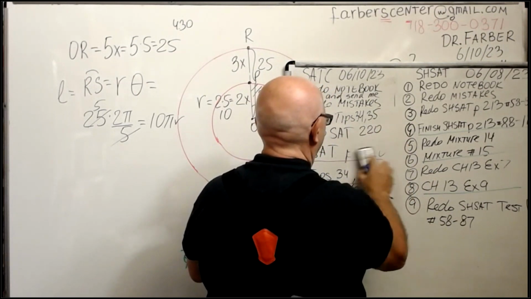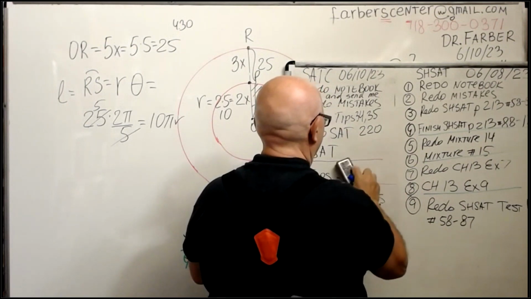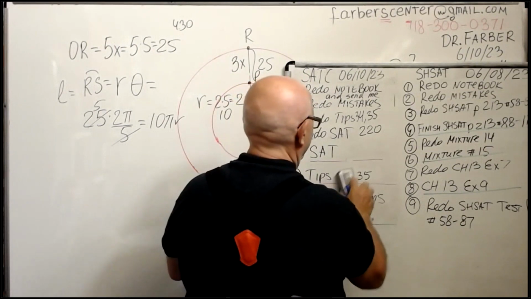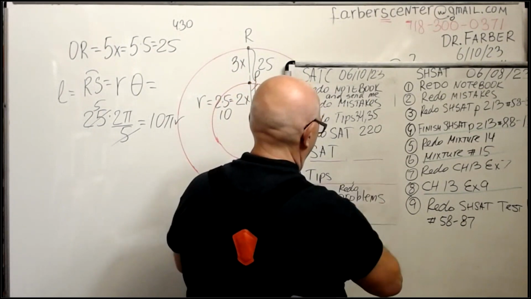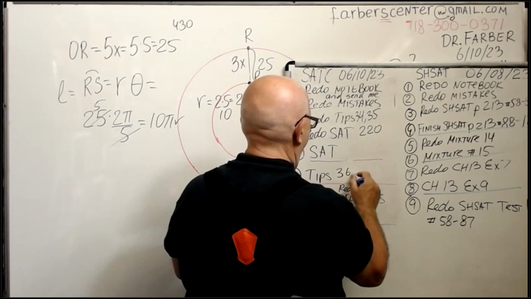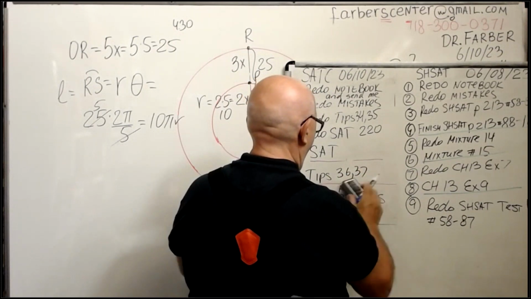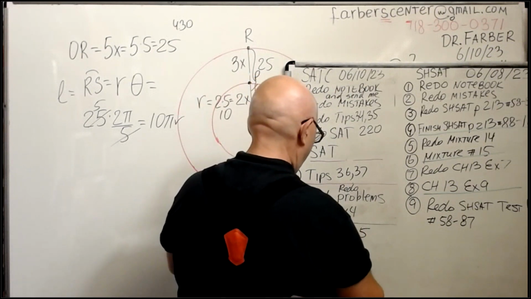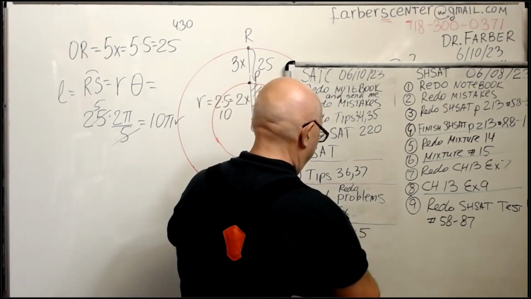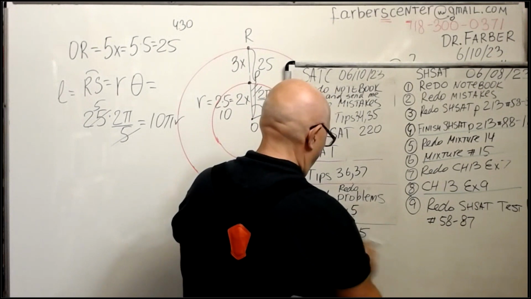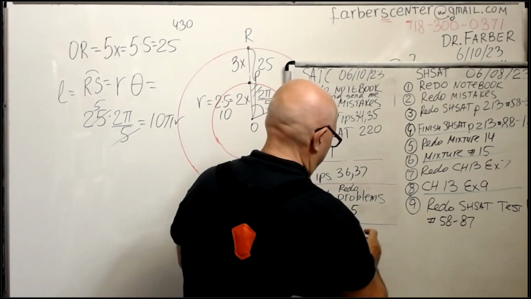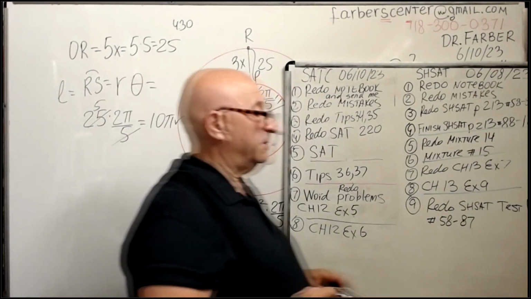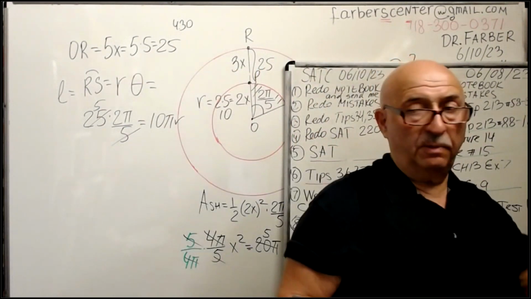You get another package right now after class. You got tip 36, 37. Redo this exercise 5. And you get another exercise number 6. Okay, don't forget to send me all your results at least one day before class.